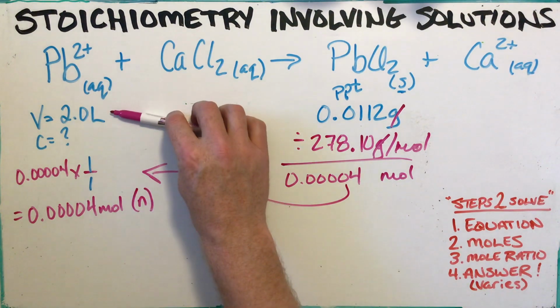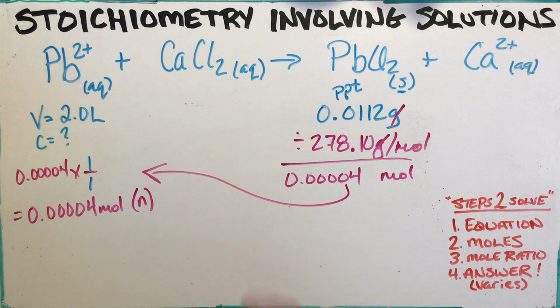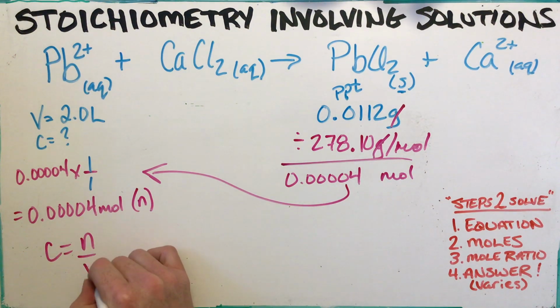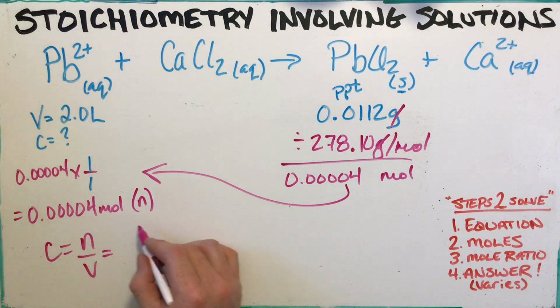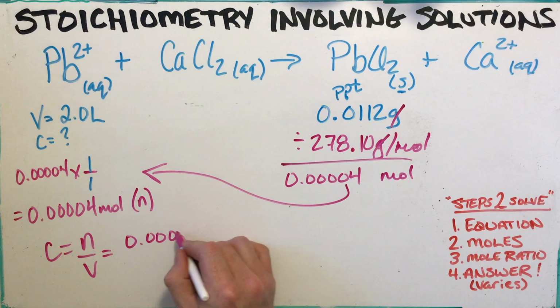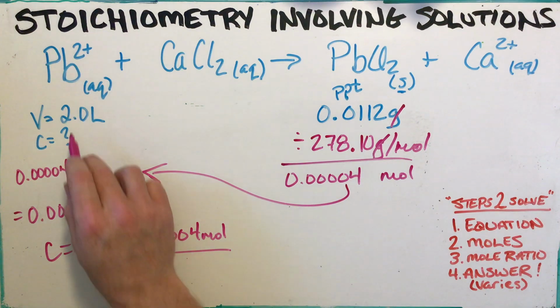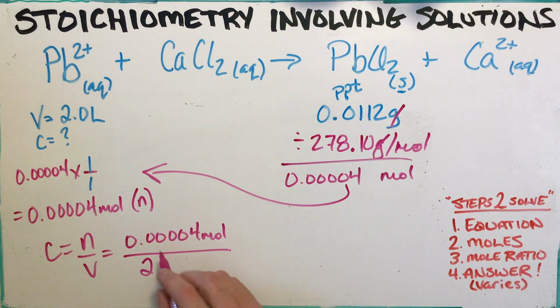So now I've got the V, I've got the N, I can find C, because we know C is equal to N over V. N is, I figured it out right here, 0.00004 moles. And my volume was given in the question, 2.0 liters.